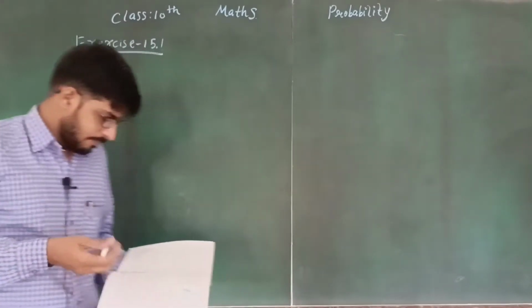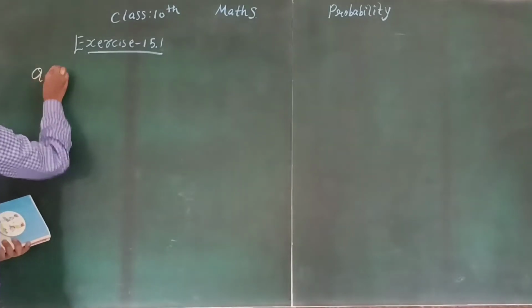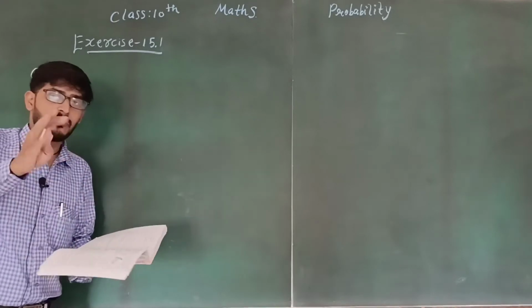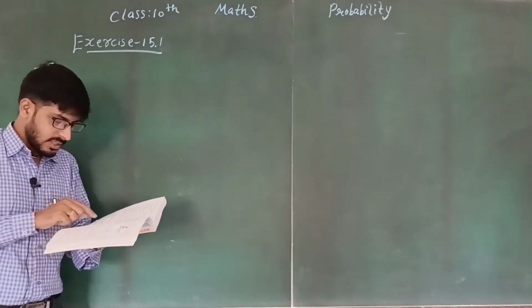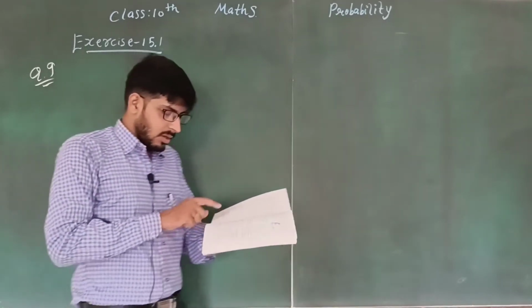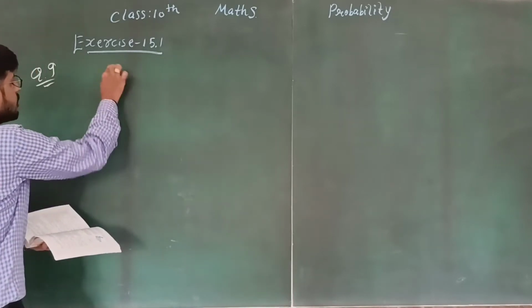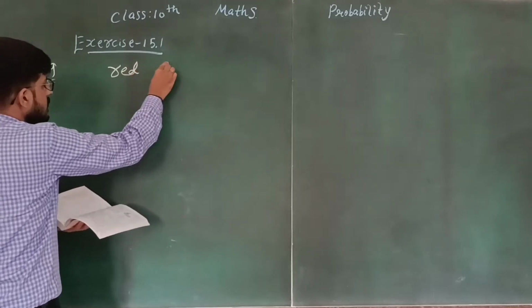Okay, so question number 9. Here in a bag 3 types of marble are given: red marble, green marble and white marble.